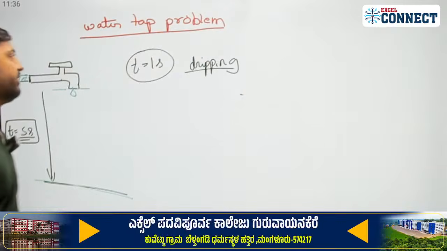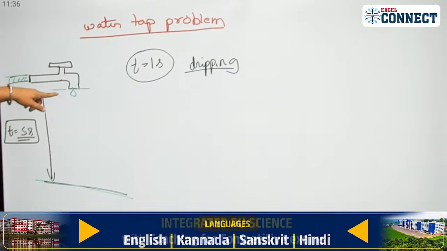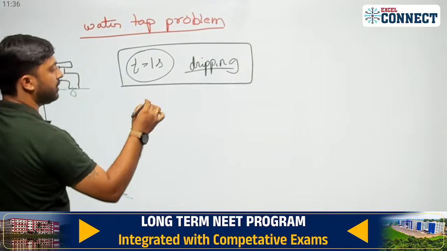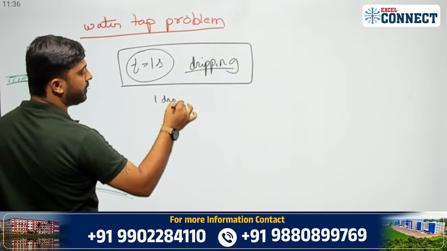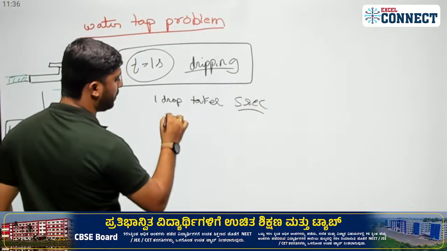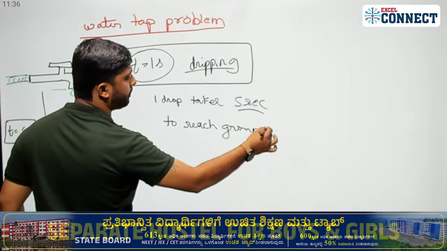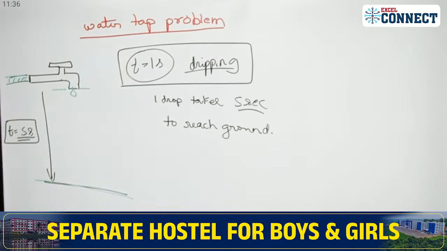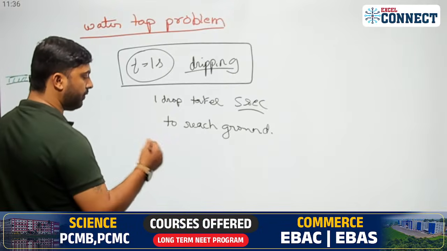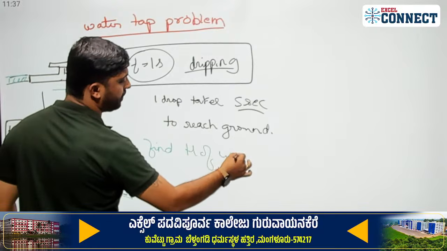Okay, we will solve a simple problem. So there is a tap here, and dripping is for 1 second. So one drop takes 5 seconds to reach ground. Find the height of water tap.